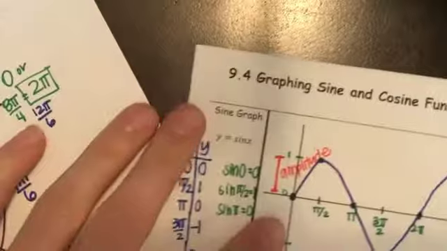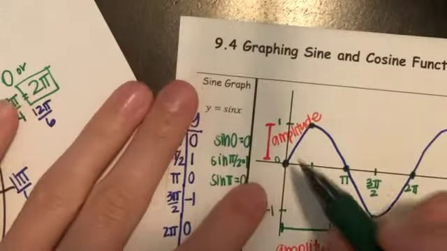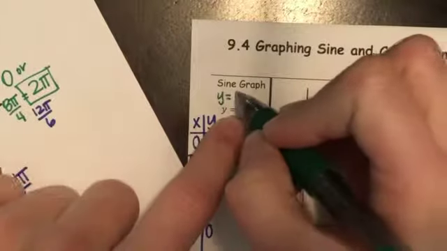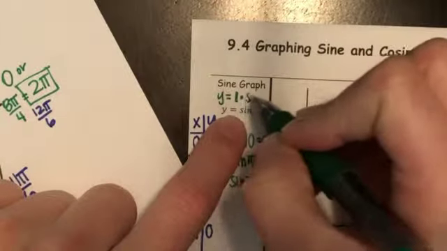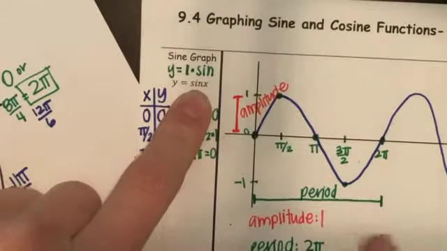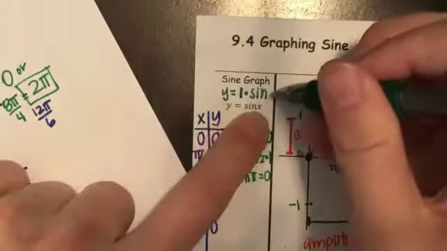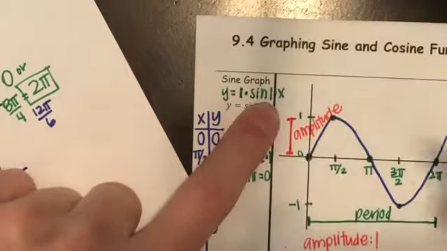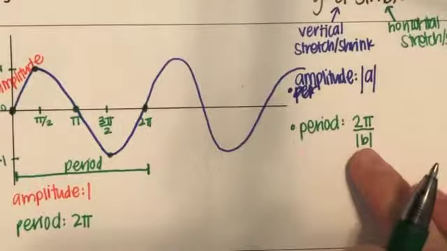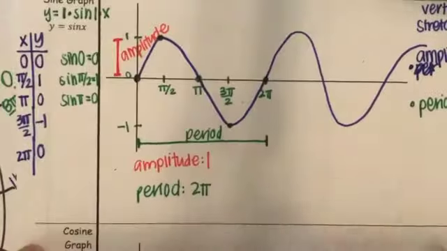So for this one, we have an amplitude of 1 because the a value right here was 1. We just didn't write it. And then you had a period of 2 pi because the number in front of x was a 1. So using the formula, it's 2 pi divided by 1, which is 2 pi. That's where the period comes from.